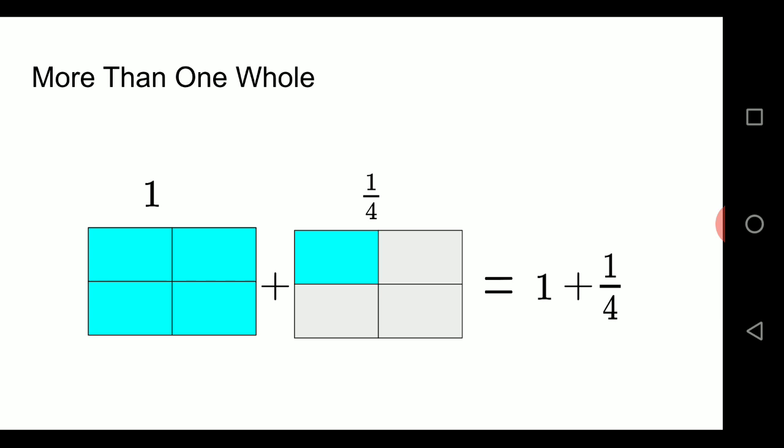This is what gives the improper fraction, because the quantity is always more than 1. That is why the numerator is always greater than the denominator.